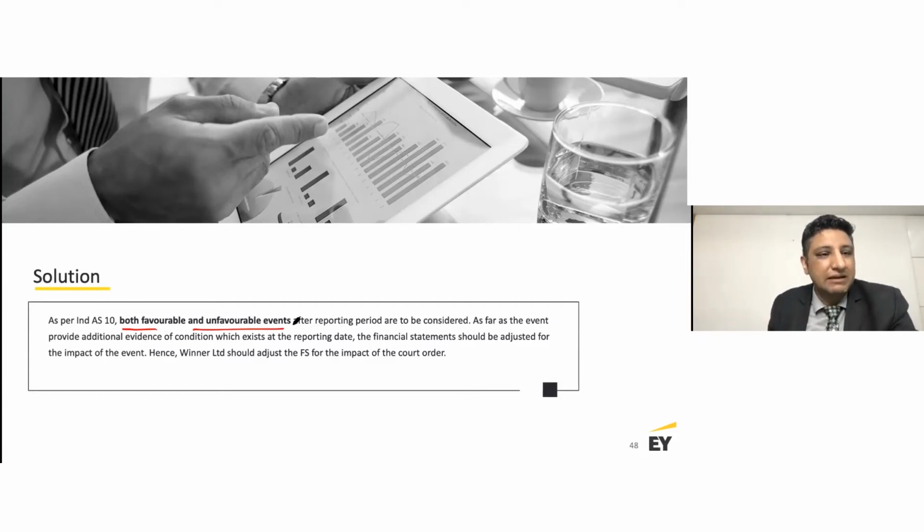Now, as far as the event is concerned, it provides evidence of conditions which existed on that reporting date. So accordingly, we shall adjust the financial statements, right? And that's where the conclusion is. Hence, Winner Limited should adjust the financial statements for the impact of the court order.